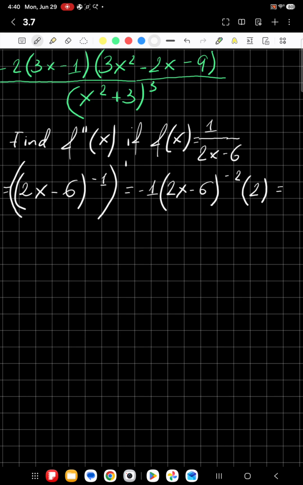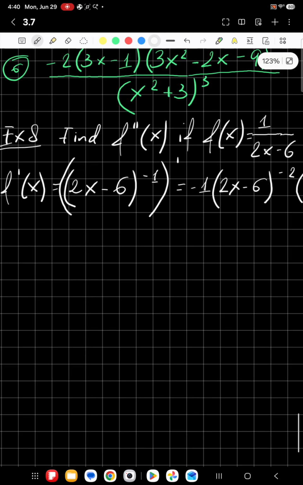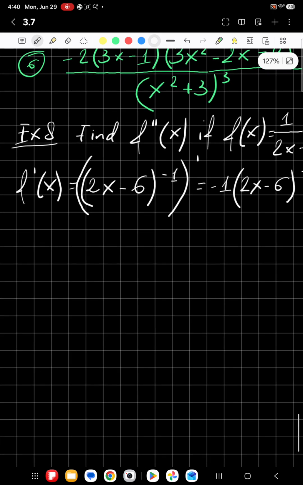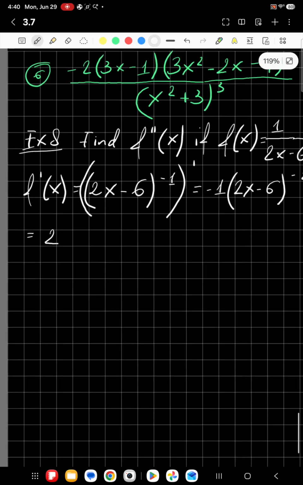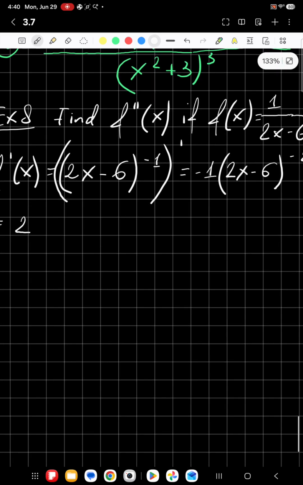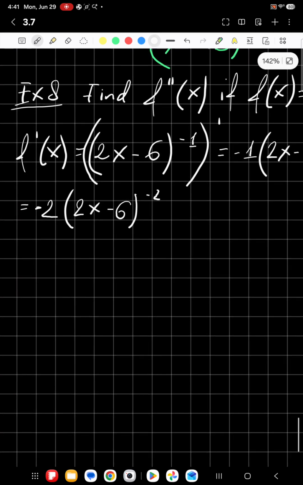Let me clean it up a little bit. Actually, wait. Yeah, it's -2, and then we have 2x minus 6, and the exponent is -2. Alright, so this is my first derivative.